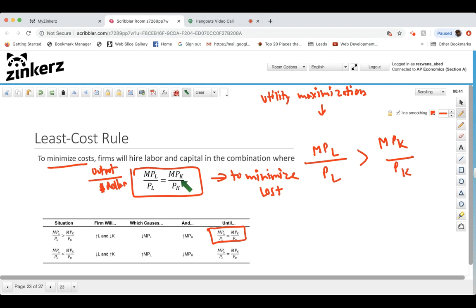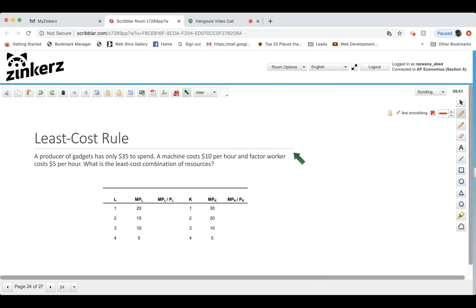Okay, so let's take a look at this table to help us understand this better. We have a producer of gadgets who has only $35 to spend. This is usually the case: if you're a producer, you are going to be working with a limited amount of money. So his budget is $35.